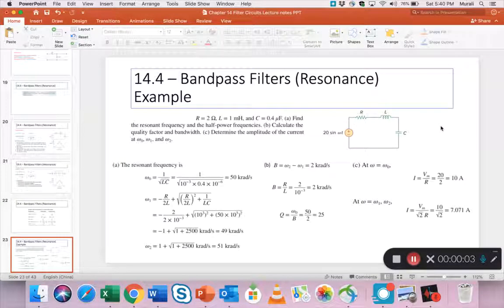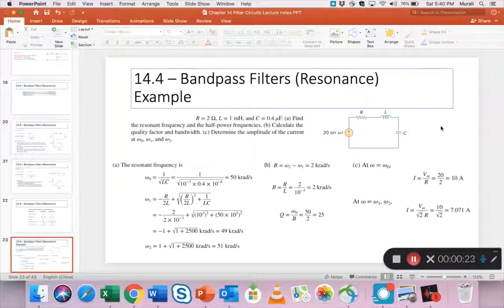Welcome back. This recording, the very last in the filters chapter, will look at problems primarily on the band pass and band stop filters.